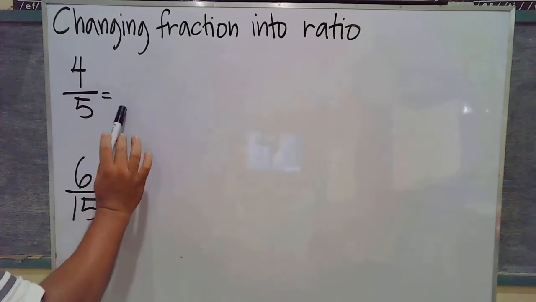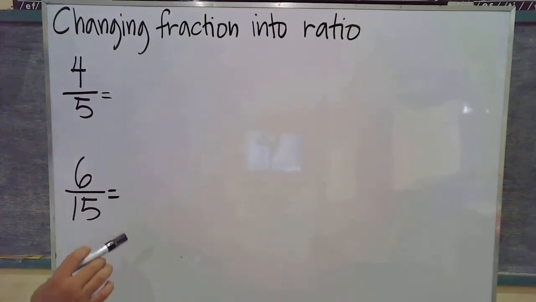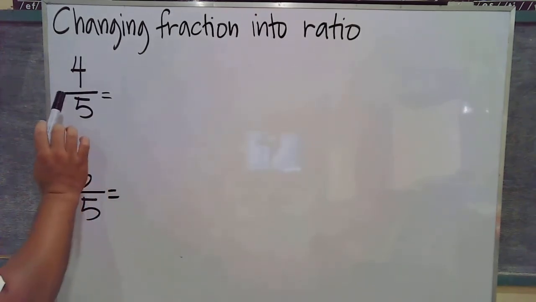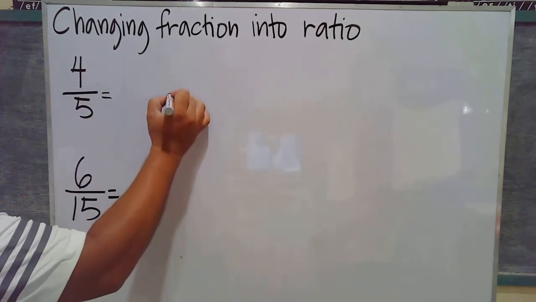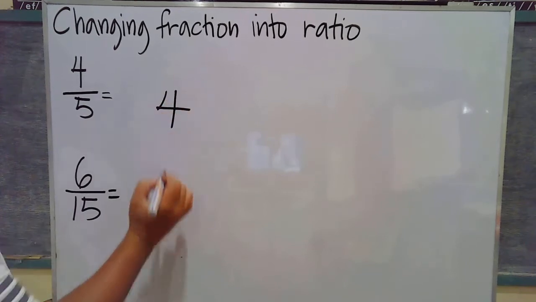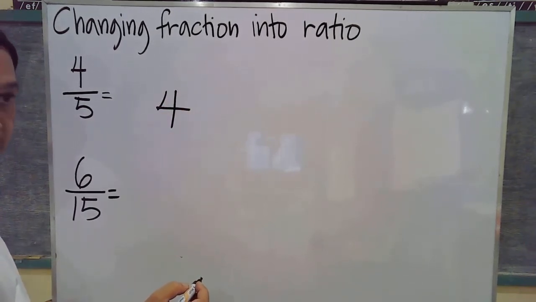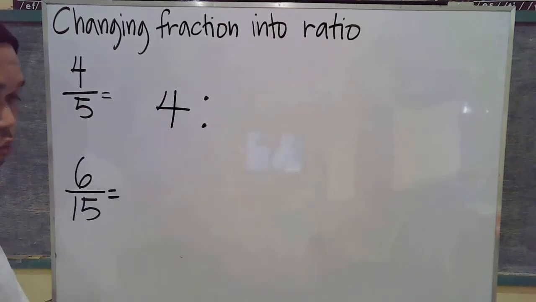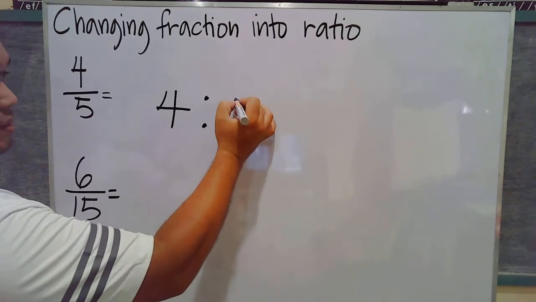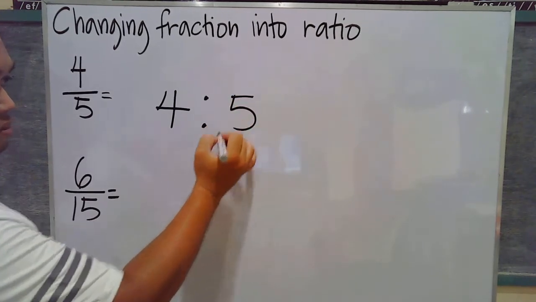Arrange the numbers horizontally, changing the fractional bar into a ratio. How? Copy the numerator, put the symbol of the ratio, which is like a colon, two points, and copy the denominator.